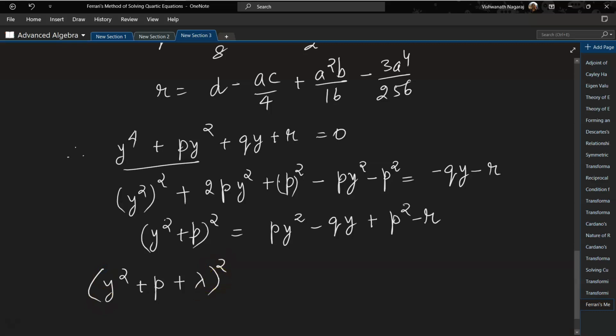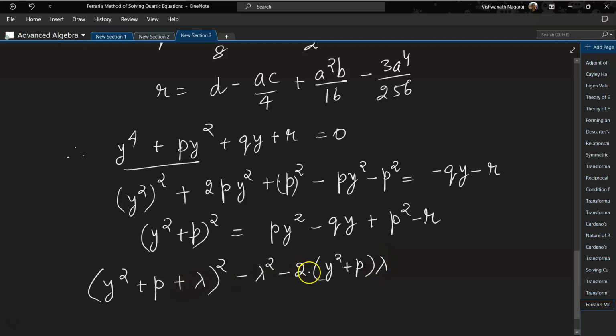So what have we done? We have added some additional terms to this side. What are the terms we have added? We have added λ² and we have added 2(y² + p)λ.